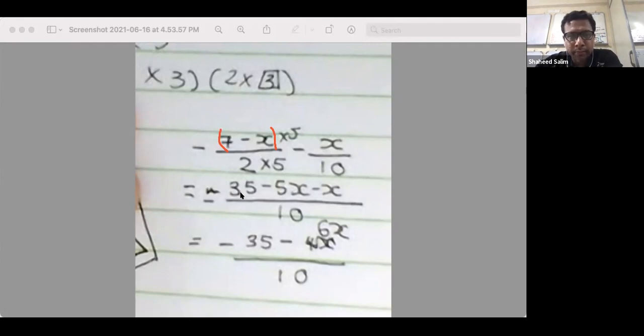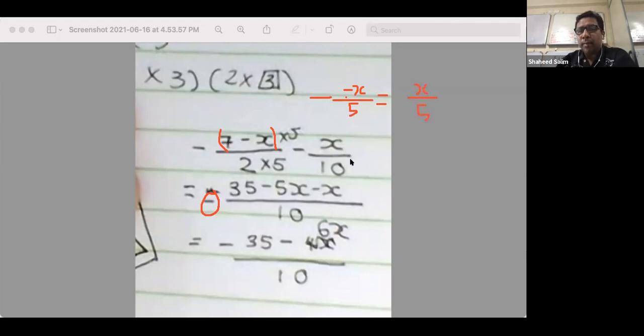Then, this is where the problem is, on combining, because there's a minus down here. So this minus makes a difference. If I put minus x over 5, this means minus times minus, like a bracket.